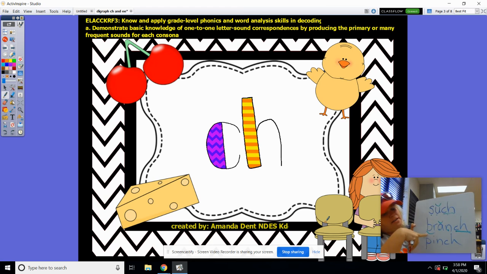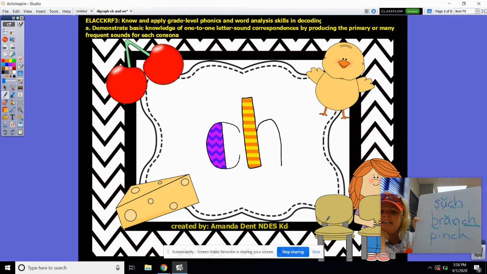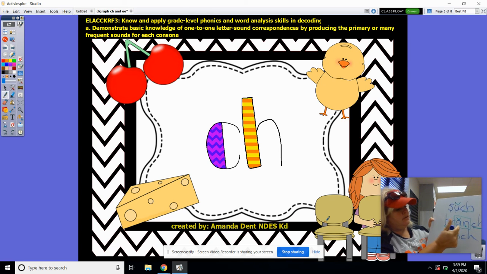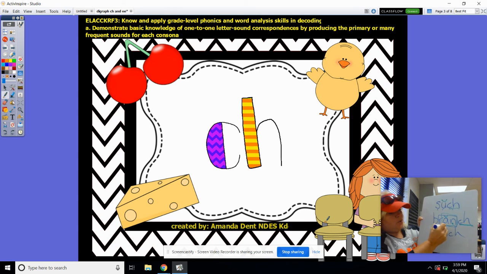Well, here's our little blend, right? Branch. I see a sight word in here. Does anybody else see the sight word in there? 2 letters. And I see another word too.